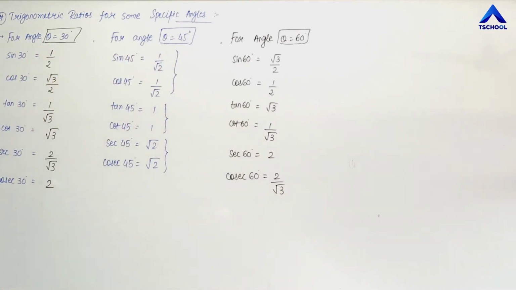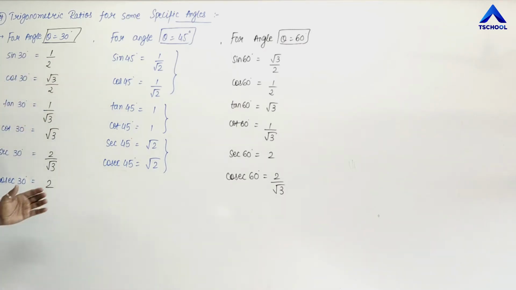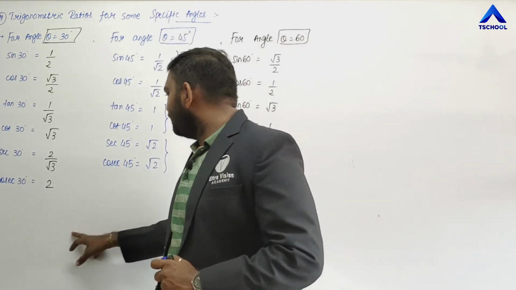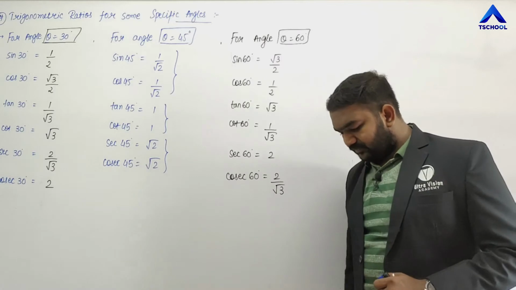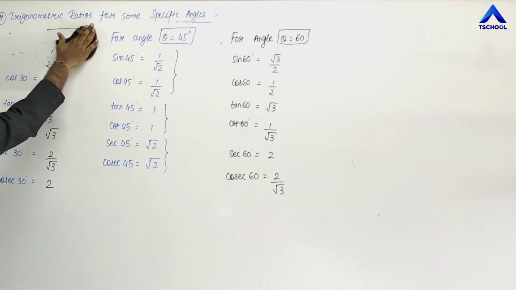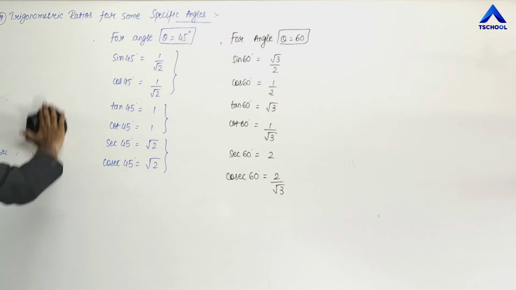So these are again six more values for theta equals to 60. So these were the 18 values, 6 plus 6 plus 6, that we studied in the previous lecture, the trigonometric ratios for specific angles theta equals to 30, 45 and 60. Now let us move on with the rest of the two angles, that is theta equals to 0 and theta equals to 90.